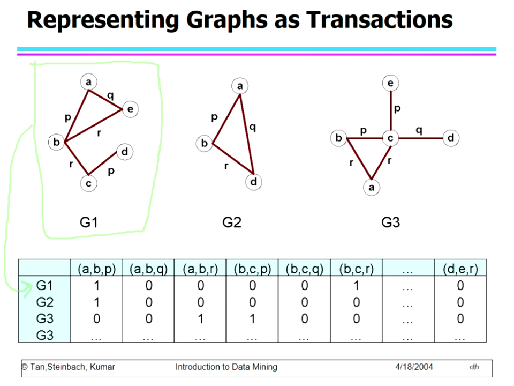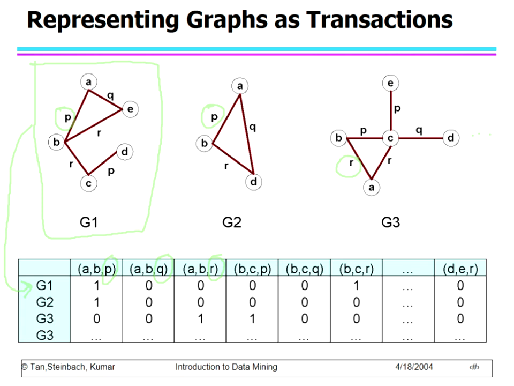Representing graphs as transactions. Here we have a graph and we will represent this graph as a transaction. So we have A and B, P, here A and B, P, here A and B, R, etc. To represent all these graphs as transactions, we will illustrate all the possibilities.